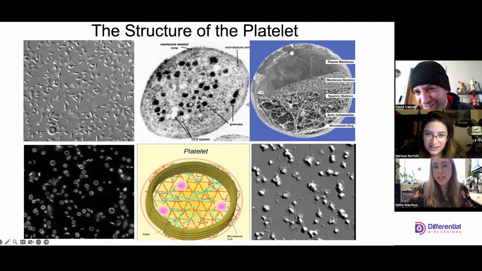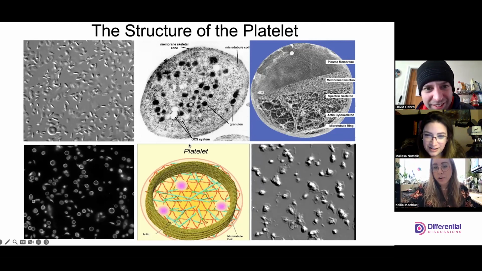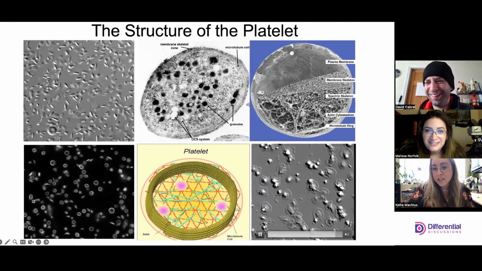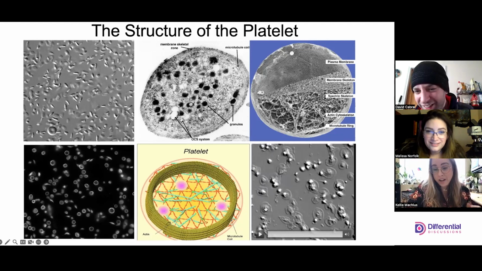So this is called the peripheral microtubule coil. That literally defines a platelet. It goes around exactly 8 times. This is weird because it almost looks like it would be a nucleus, but it's not.